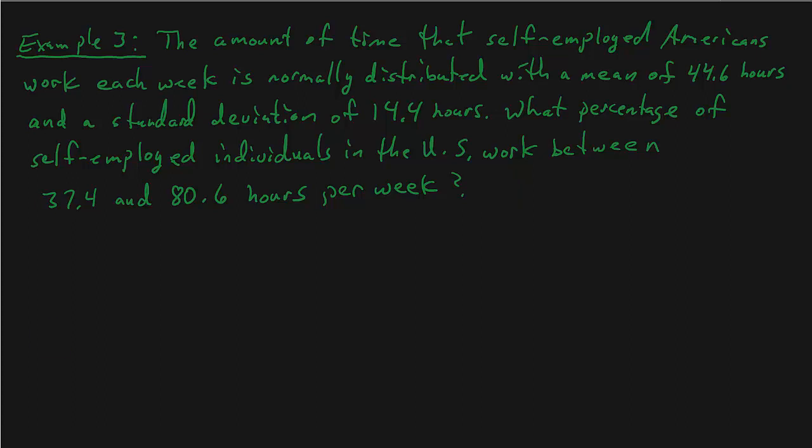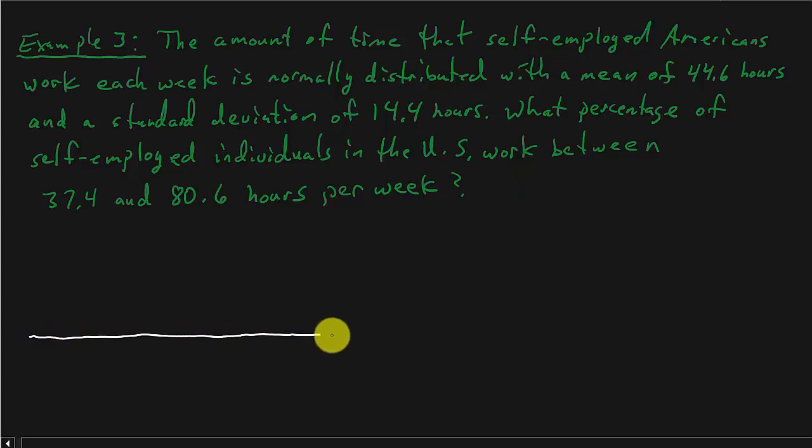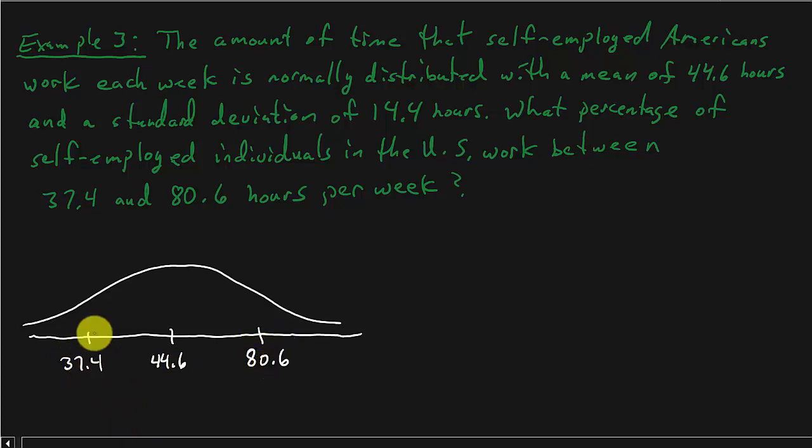All right, so once again, draw it. So our mean is 44.6, and we want to know between 37.4 and 80.6. This is the percentage we're looking for between those two numbers.